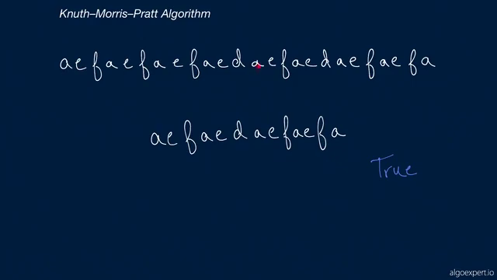So we've got this long string here, this smaller string here, and the reason I've got the word true written here is just to say that this substring is indeed contained in this bigger string, and it's contained here at the very end, right? So this is where it starts, AEF AE, D AEF AE FA.